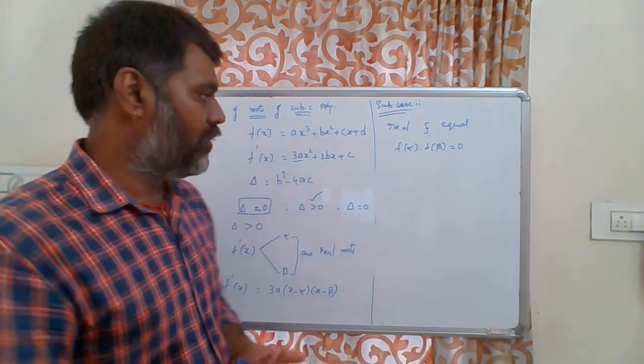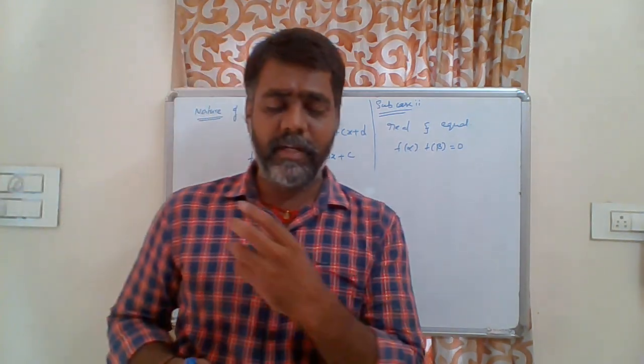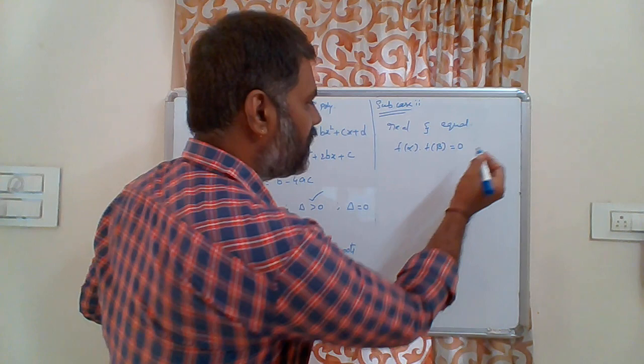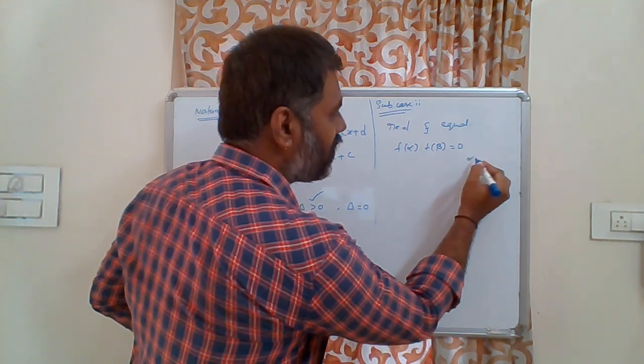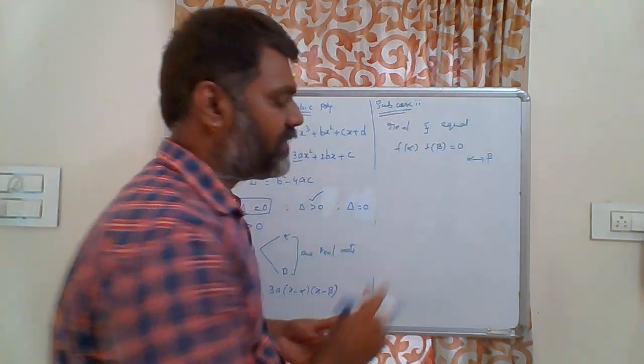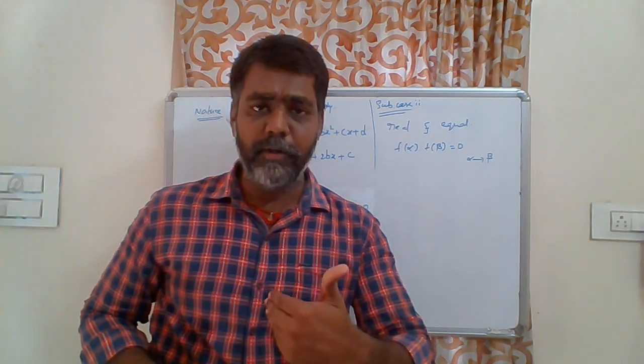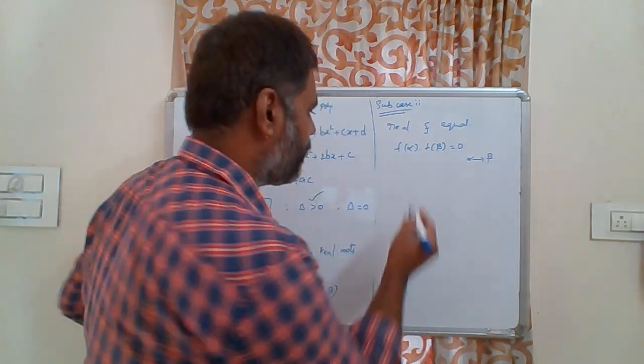The condition explained in the first case still holds: the graph is always decreasing from alpha to beta. That is the condition.